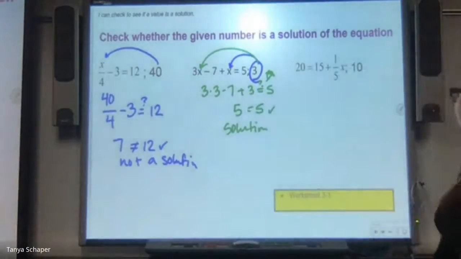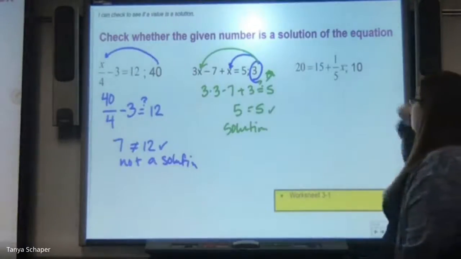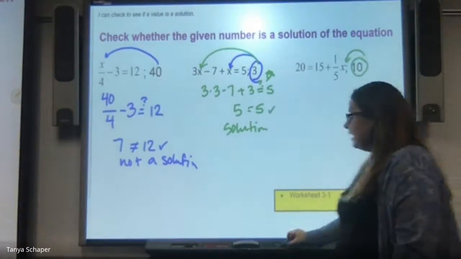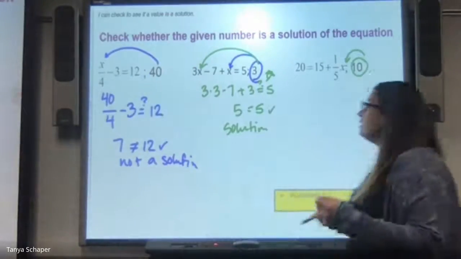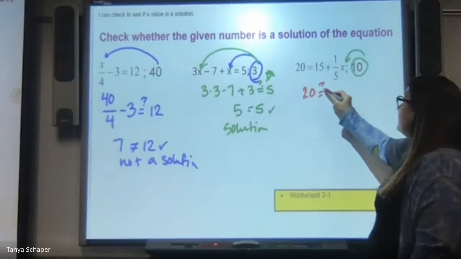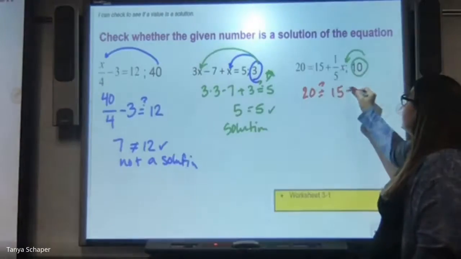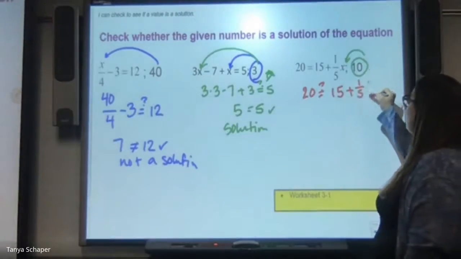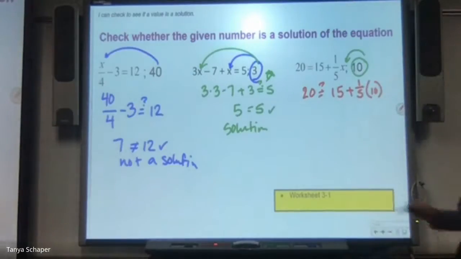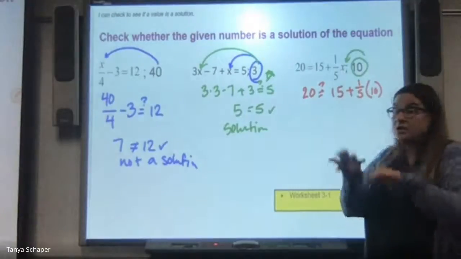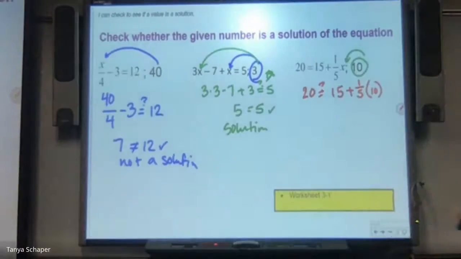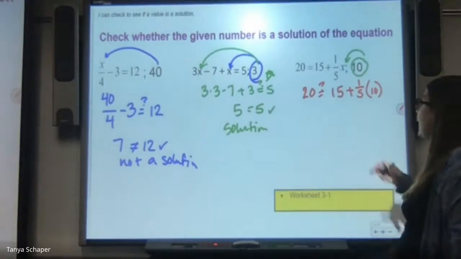Your call. Looking at this one over here, I'm going to put 10 in for x. Again, if I'm going to use a calculator, I need to write down 20 is maybe equal to 15 plus 1/5 times 10. All right. And then I'm going to type it in my calculator like this: 15 plus 1/5 times 10.